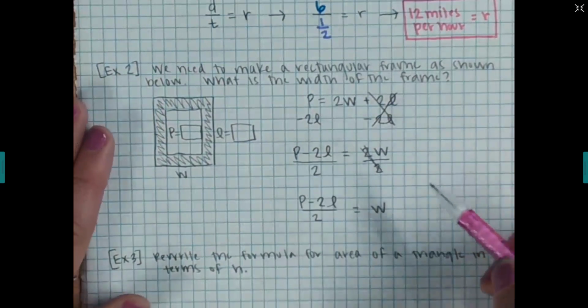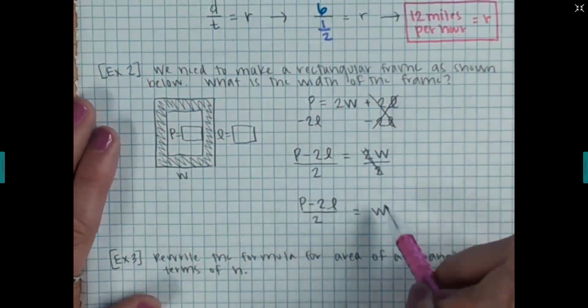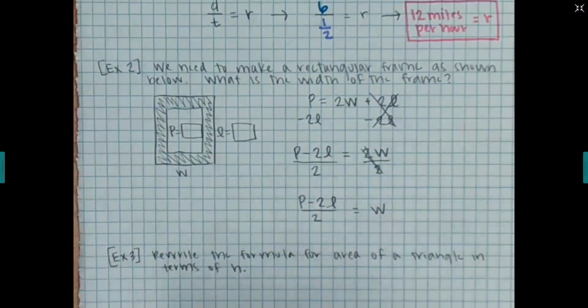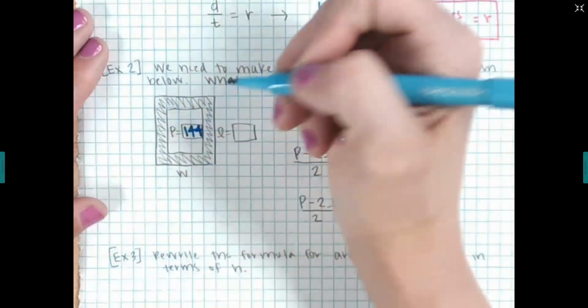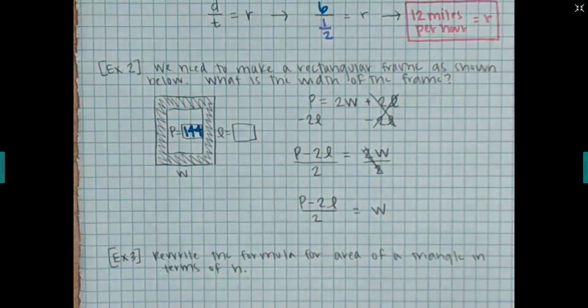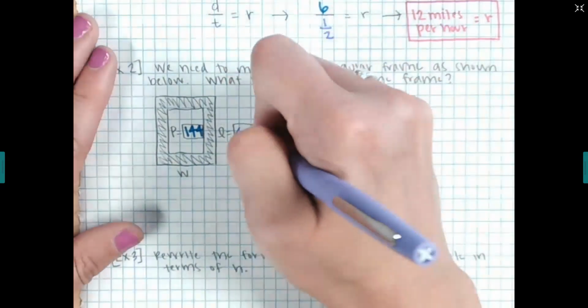Okay, so now that I've manipulated my literal equation to be equal to what I am solving for, I'm going to tell you that the perimeter of this picture frame is 144 inches, and the length of this picture frame is 40 inches.